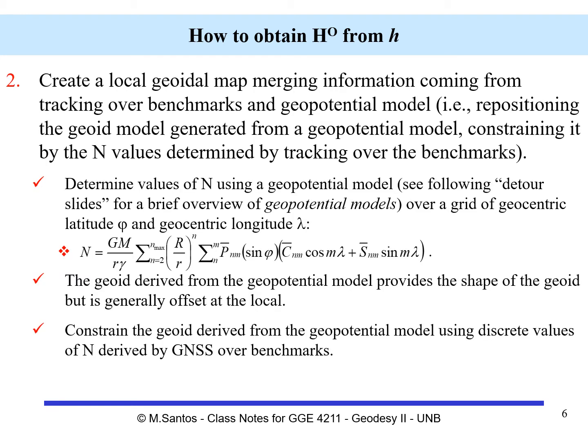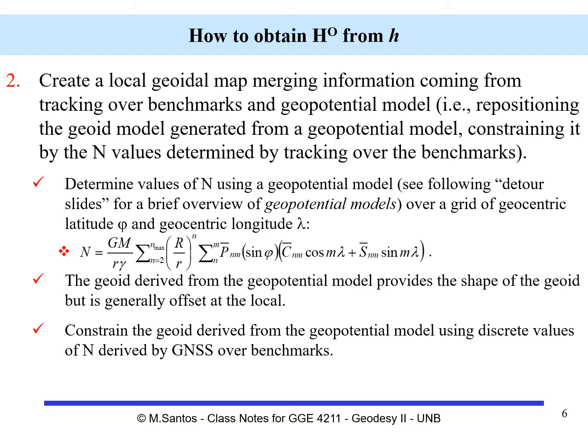Number 2 deals with creating a grid that represents the geoid and constraining it using the values that you derive from GNSS on benchmarks. So how do we build this grid? The values of N, of geoidal height, will be built from a geopotential model, which we're going to explain a little bit more in the next slides.